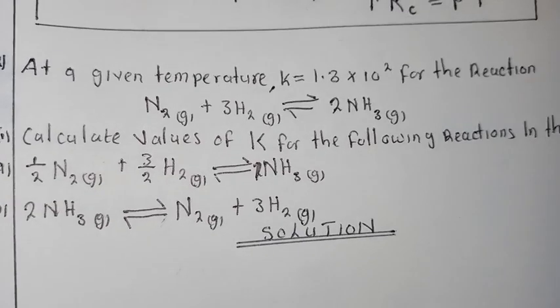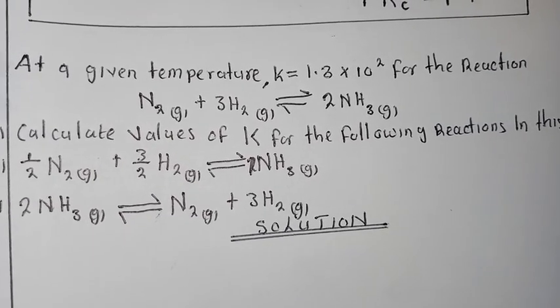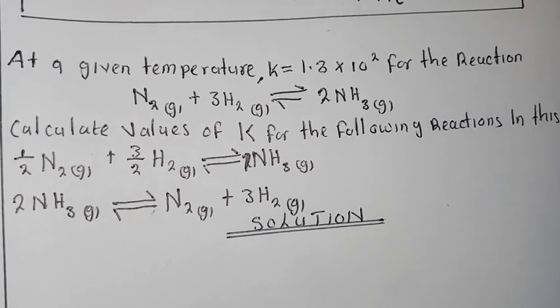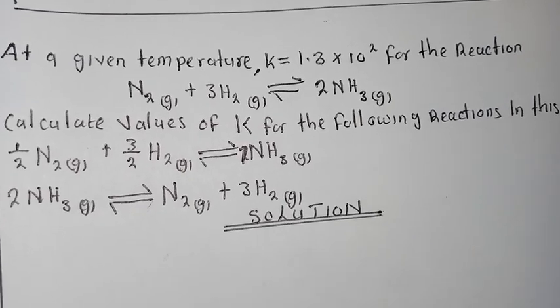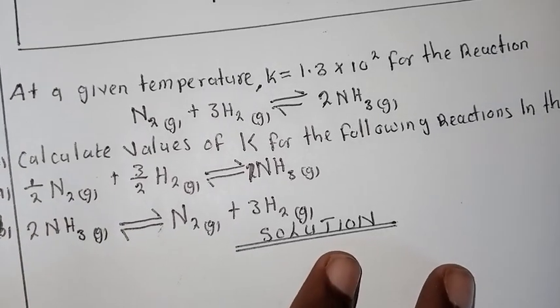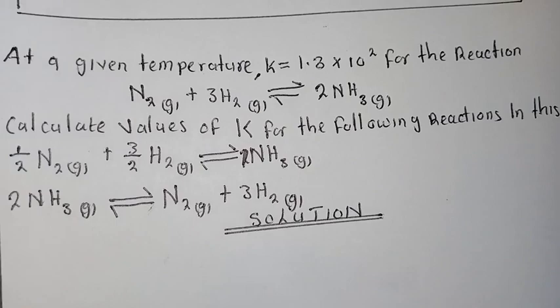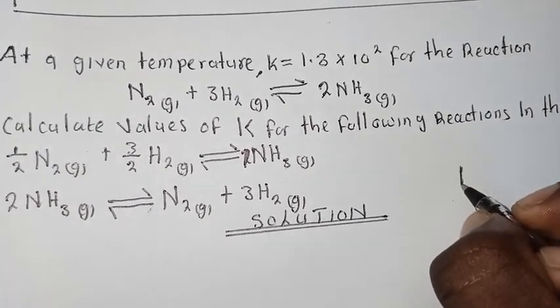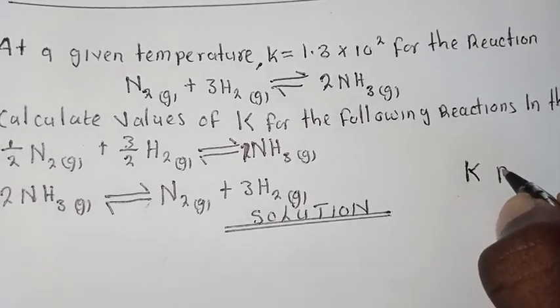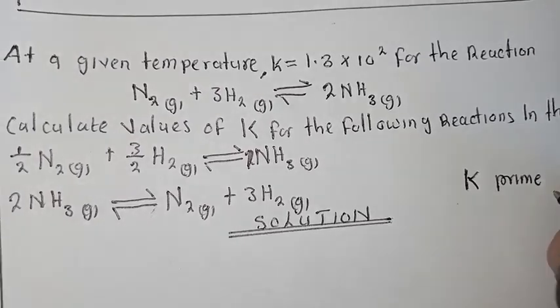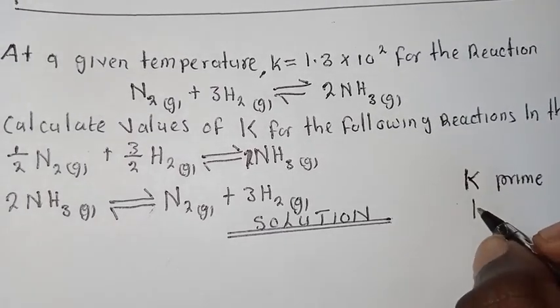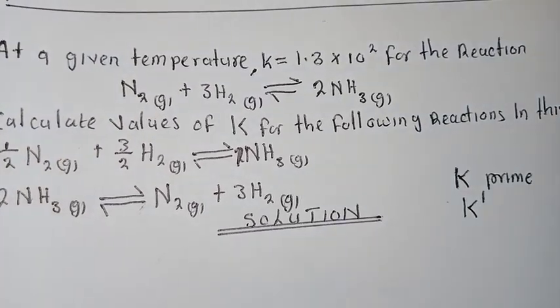But then, how do you calculate constant K from a given constant K? This new constant is simply called K prime. We call it K prime, or you can use this symbol, K prime. It's just one and the same.